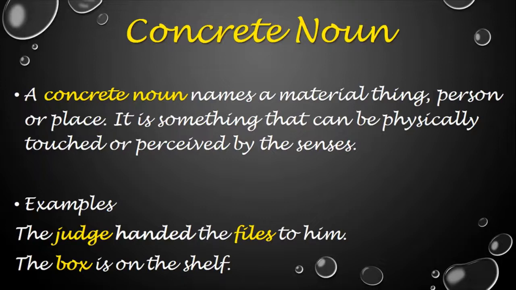The box is on the shelf. Here, box is a concrete noun. But did you notice that judge, files and box, these are common noun as well? It means that a noun can be used as more than one type. Here these three are common noun as well as concrete noun.